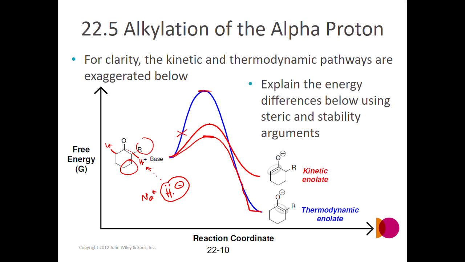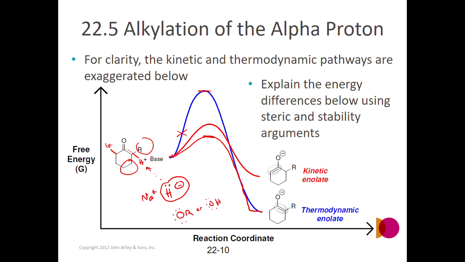And in addition, this is not quite as strong as LDA, and this especially applies if I use an OR or OH. Since these bases are not that strong, they're actually going to form an equilibrium.